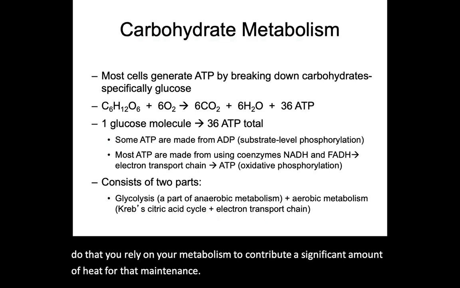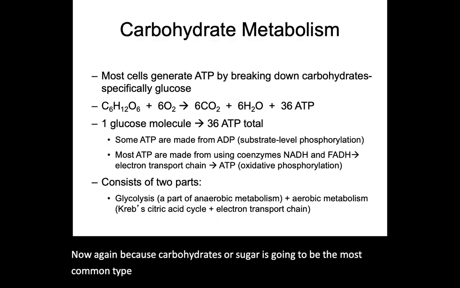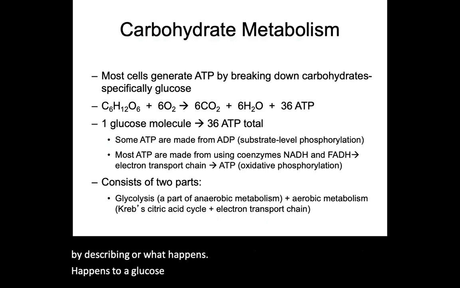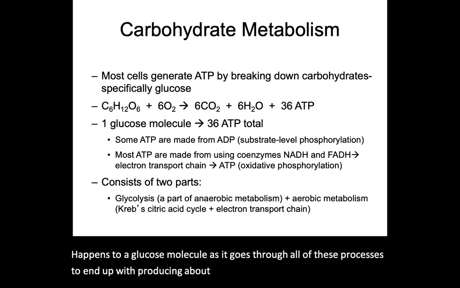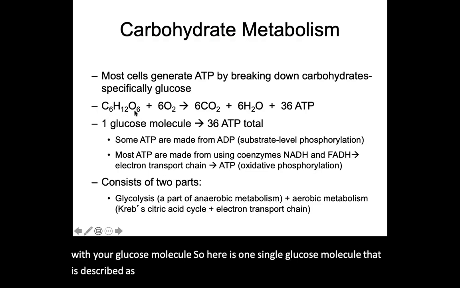Now again, because carbohydrates or sugar is going to be the most common source of nutrients for our body, we're going to start by describing what happens to a glucose molecule as it goes through all of these processes to end up producing about 36 ATP as a final product. So you start with your glucose molecule. Here is one single glucose molecule that is described as C6H12O6.